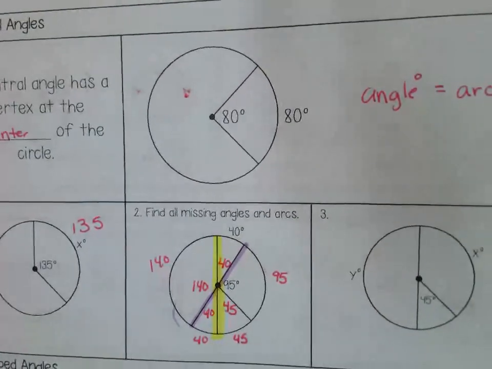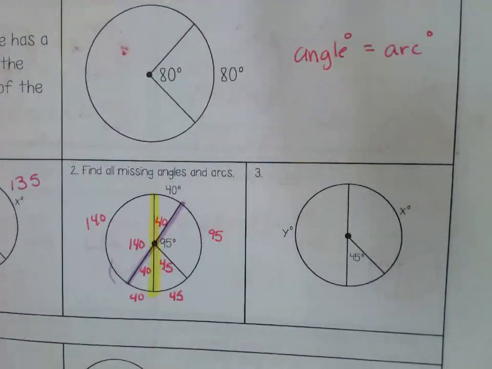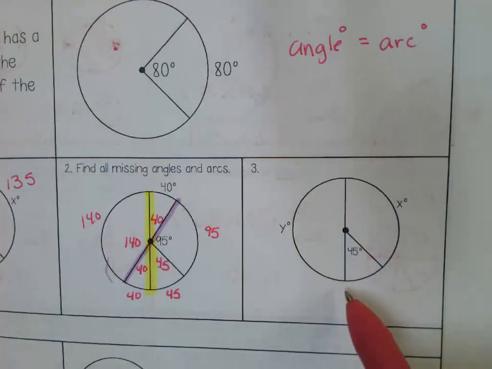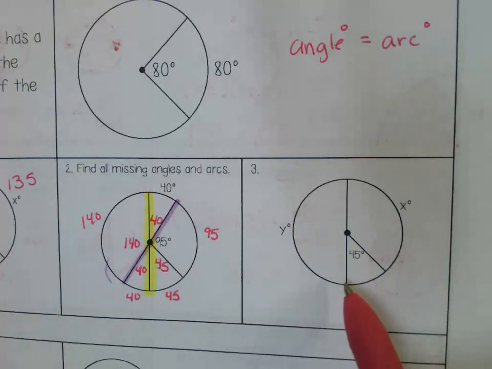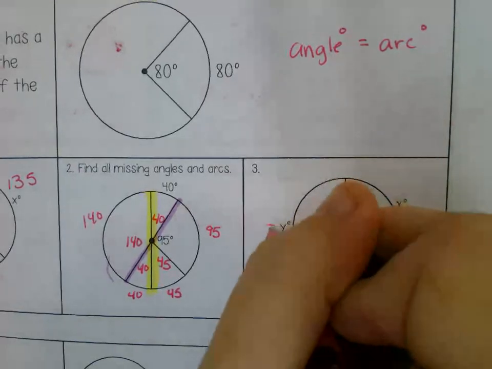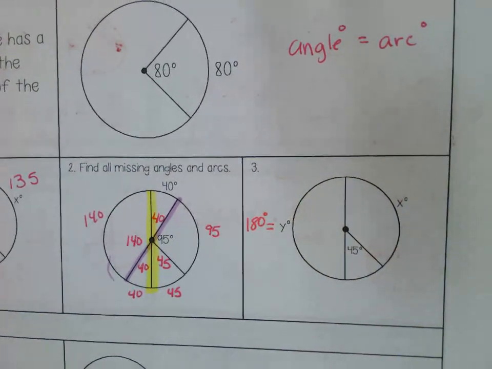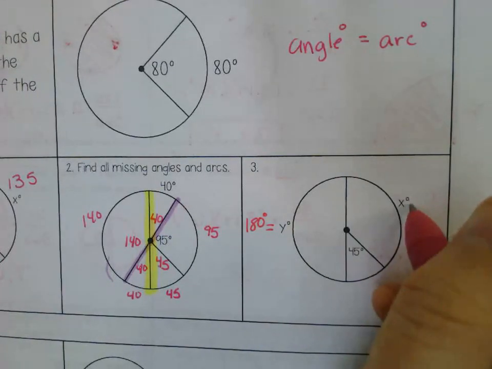Okay, now the next one here, let's look at that one together. And let's start with y. What would be the arc measure for y right here? Look at where y goes. What would be my arc measure for 180? So y here would be 180. Okay, then I have this is 45, and I need to find x.